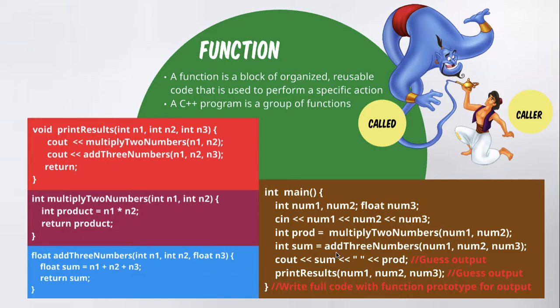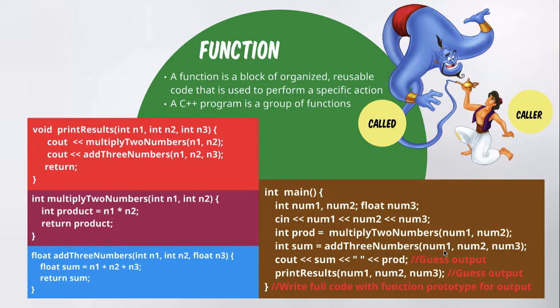When we are calling this function, we have called num1, num2 and num3, and num1 and num2 are integers and num3 is a floating point number. So we are all set.